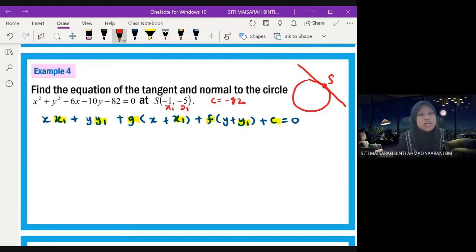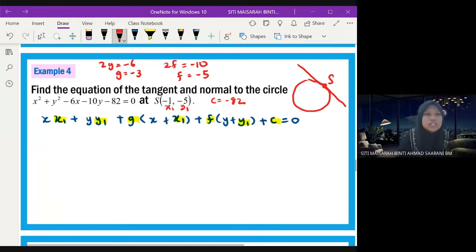G, awak kena carilah. Daripada 2G sama dengan negatif 6, G sama dengan negatif 3. 2F sama dengan negatif 10, F sama dengan negatif 5. So then kita dah ada semua, so boleh substitute lah.